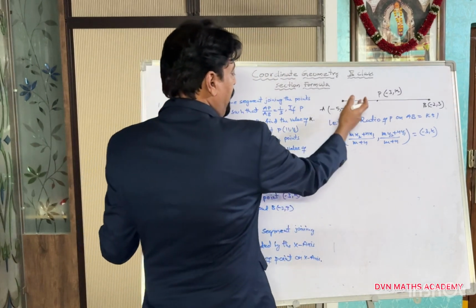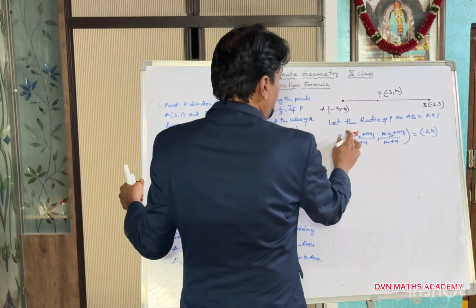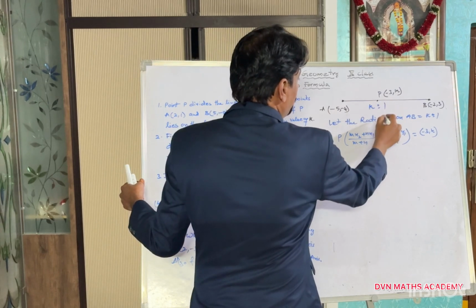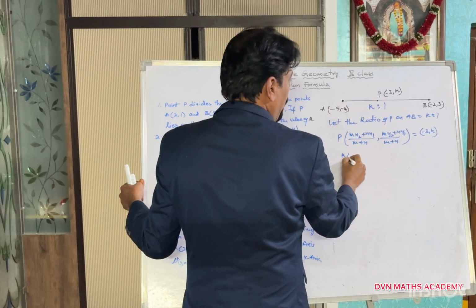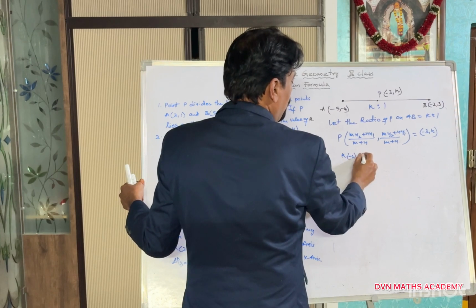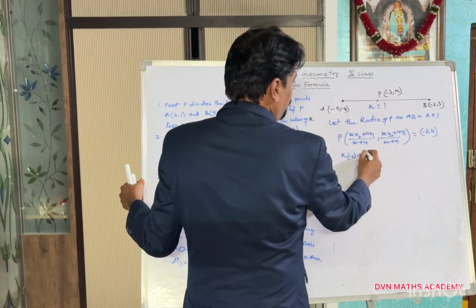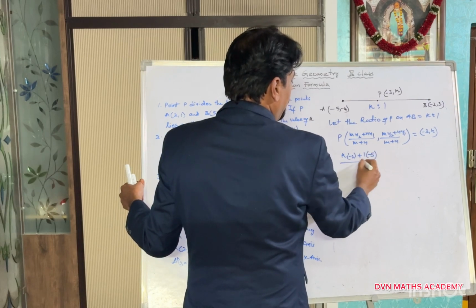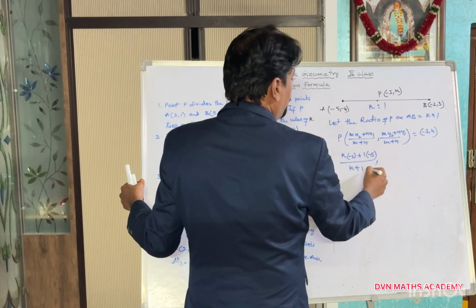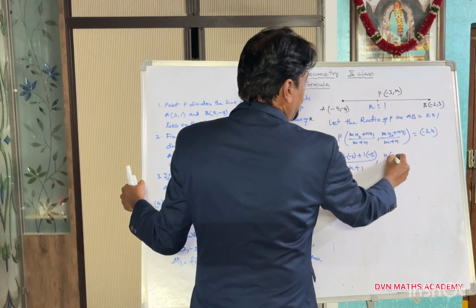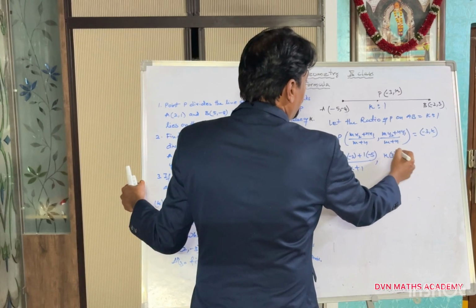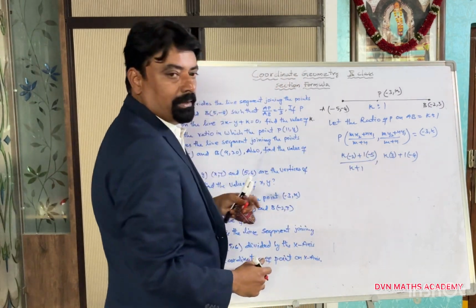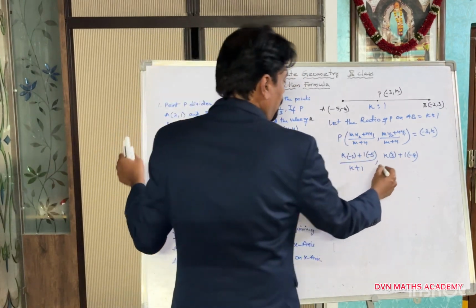Now put the values in the formula: m is the ratio we have taken, k is to 1, so k into -2 plus 1 into -5, by k plus 1, comma, then k into 3 plus 1 into -4. I am just substituting the x2, x1 values and y2, y1 values in the formula.